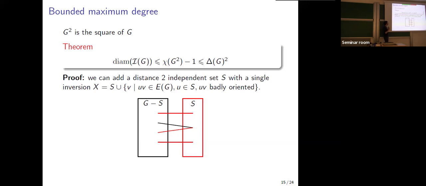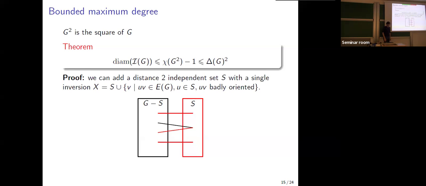If you have such a set, you can add it completely to your graph using one inversion. You resolve all the edges between this independent set and the other vertices in one inversion, and then you recurse on what remains. You can find a coloring of your graph with delta squared minus 1 colors, such that every color class is a 2-independent set. So adding them one by one, you obtain this bound of delta squared.